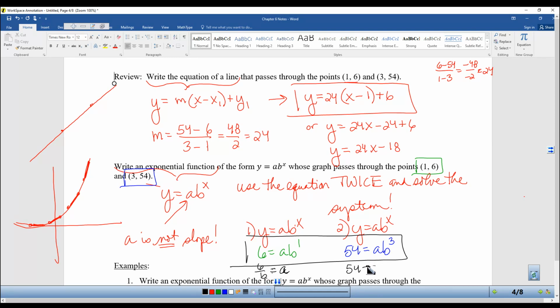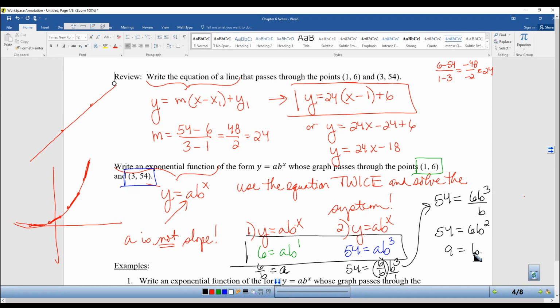So 54 is equal to, I'm going to replace a with 6 over b, and then times b cubed. That gives me 54 is equal to, remember, whenever you're multiplying a fraction by a whole, you can make that over 1 so that you can go straight across the numerator and straight across the denominator. That gives me 54 is equal to 6b squared.